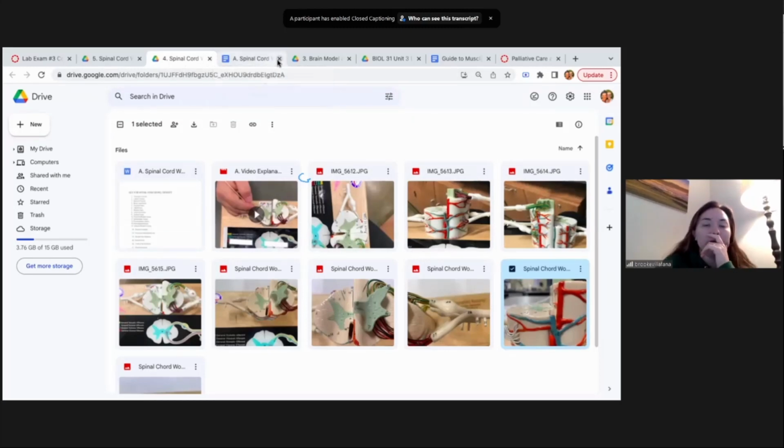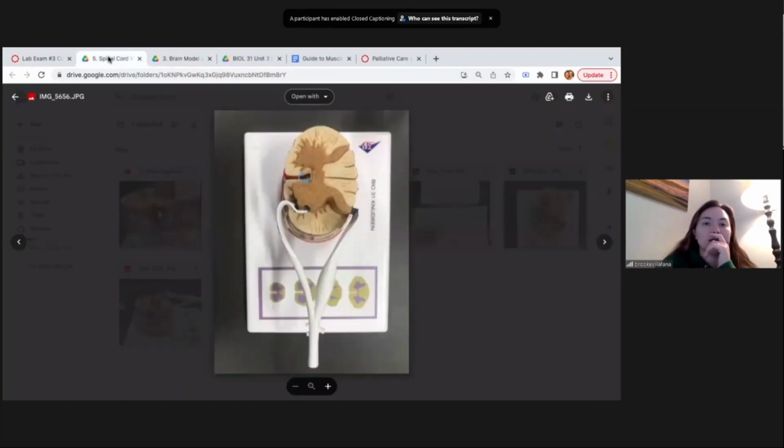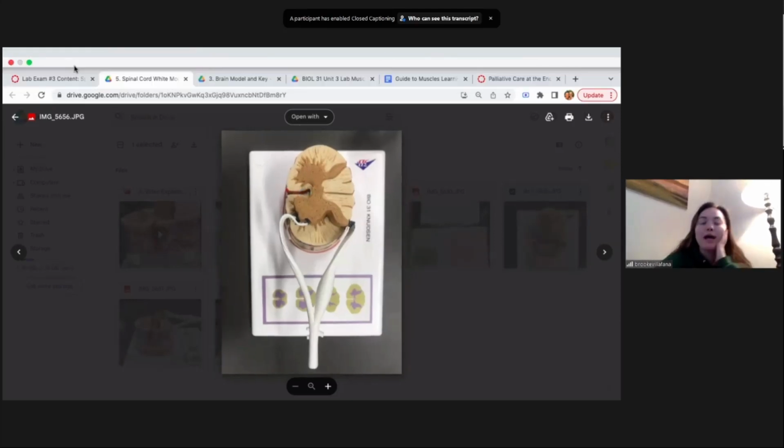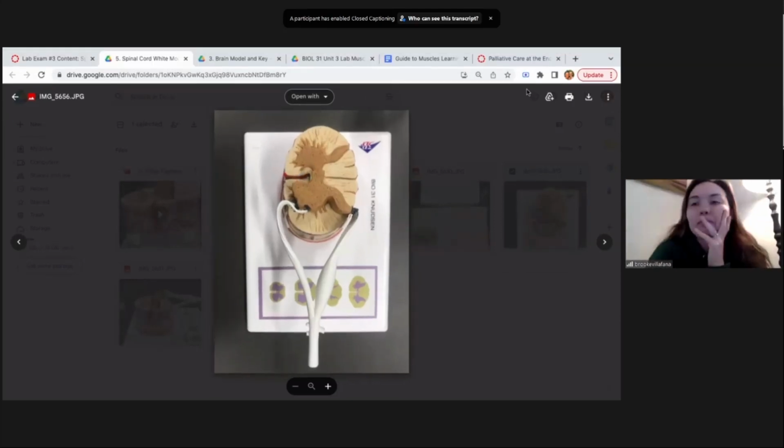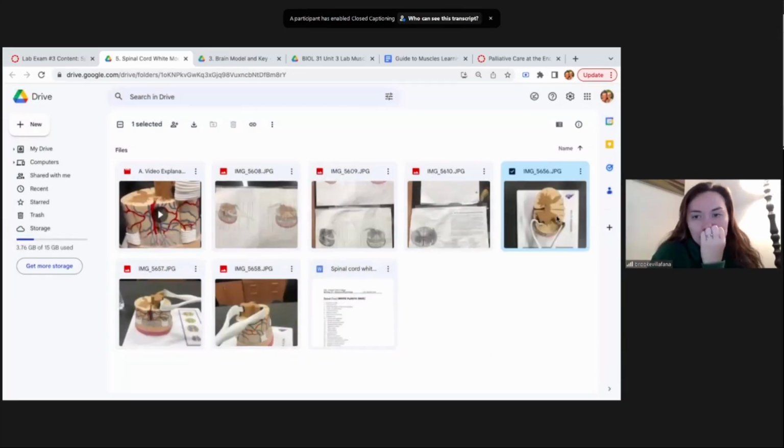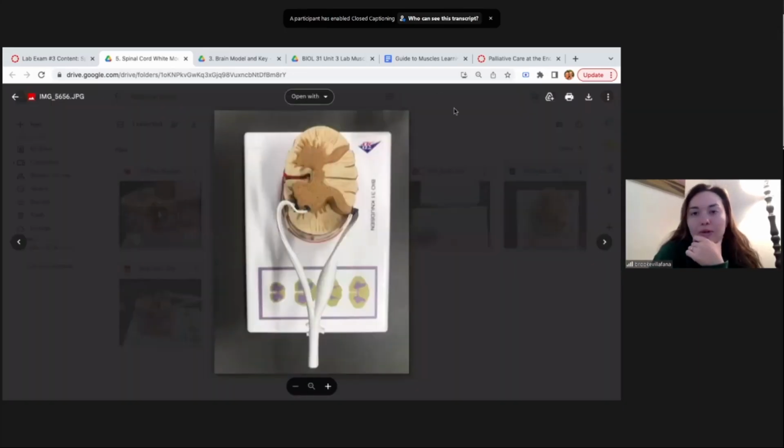All right, so let's take a look at our whiteboard spinal cord. This one does not have any numbers at all, okay? I wish there was a way for me to rotate this.